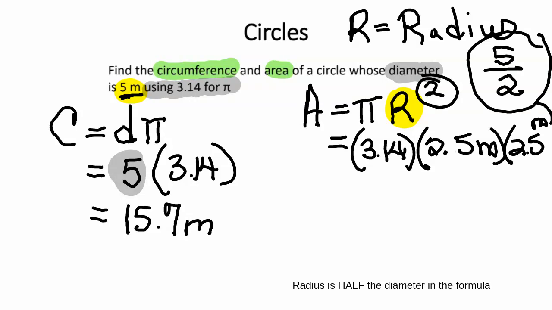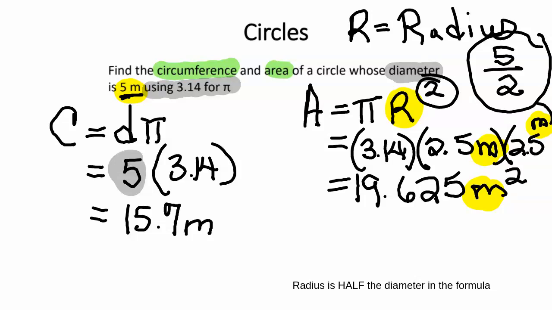Well, if I take 3.14 times 2.5 times 2.5, I am going to get 19.625. But this time you got to be careful. Meters times meters, which means that this is meters squared.